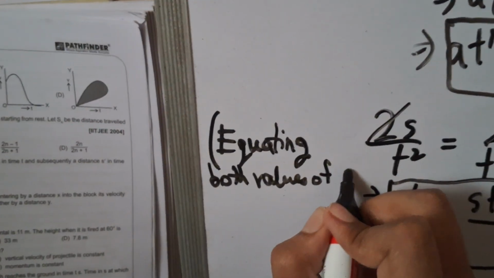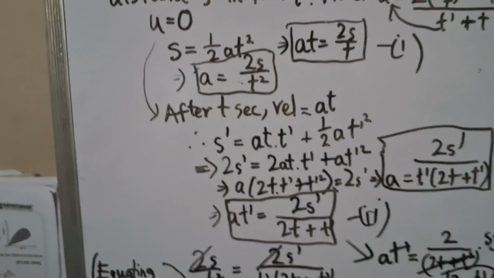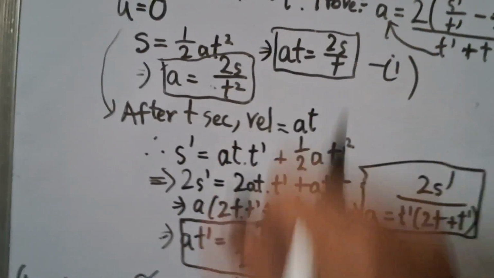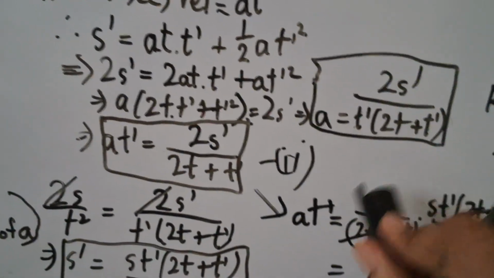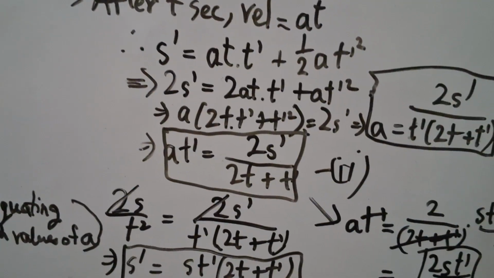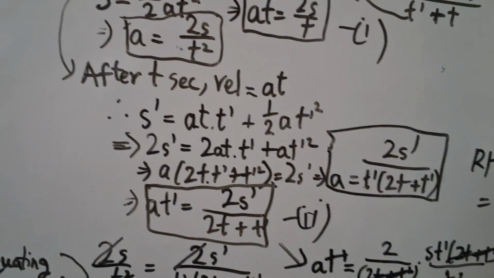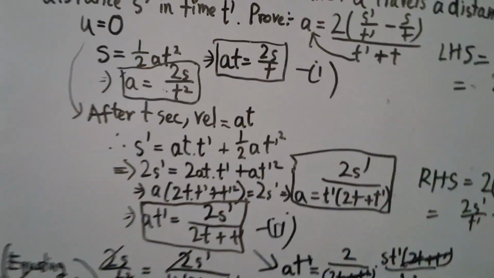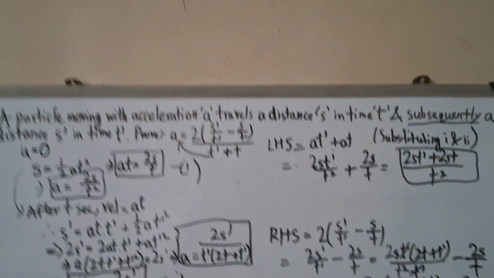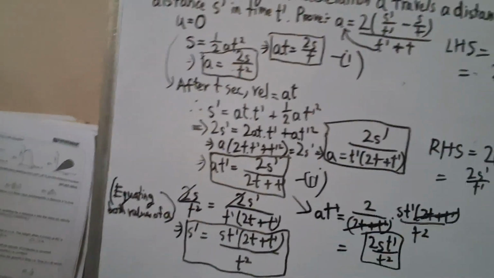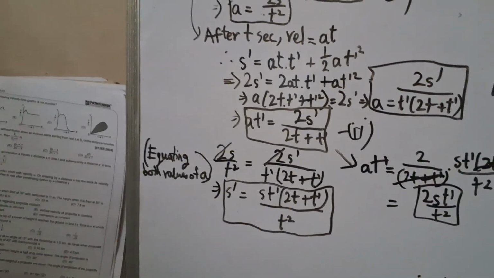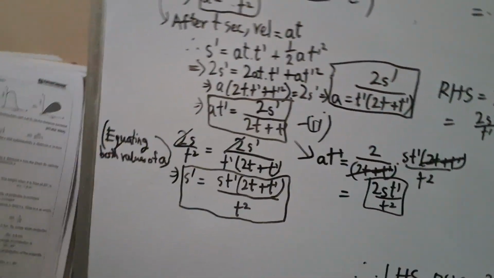What are the two values of a? 2s by t squared, and another 2s dash by t dash into 2t plus t dash. Why did we equate? If you have two equations and both go true for the same value, why not equate? We've got two values of a, let's equate them and we'll get a relation between the four terms. That's exactly what we did.